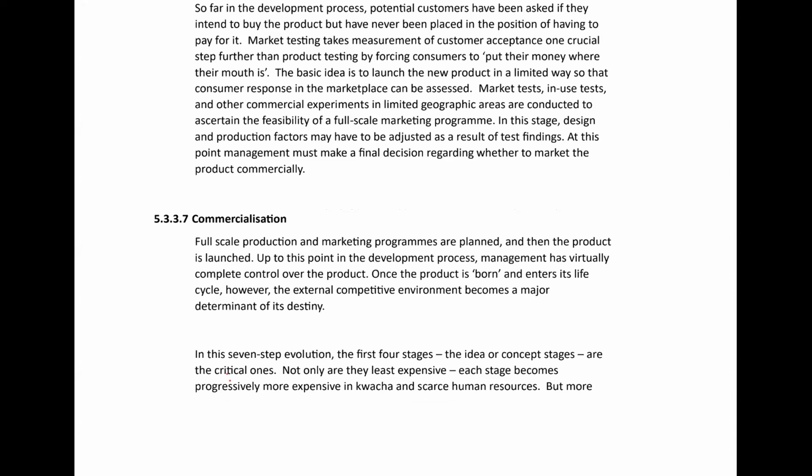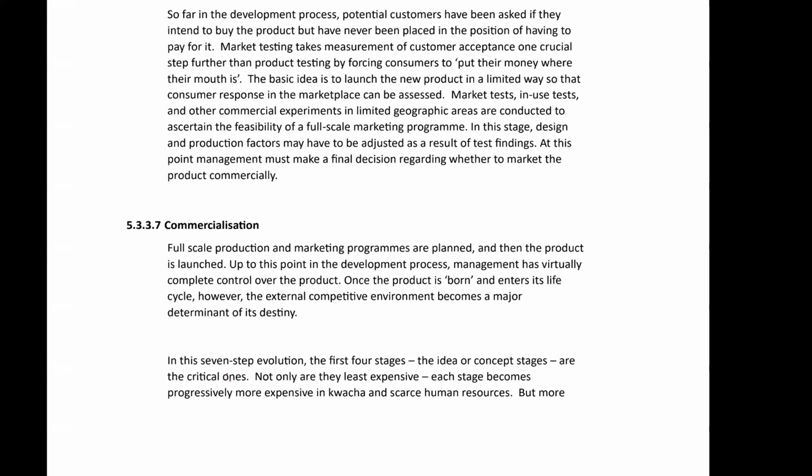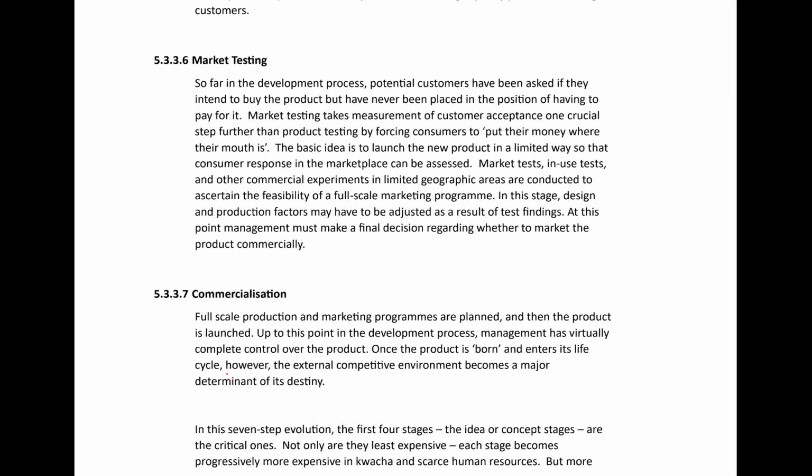So in this seven-step evolution, the first four stages, that's the ideas, the concept stage, are critical. Not only are they least expensive, but each stage becomes progressively more expensive in capital and scarce human resources as we go on. This is what you're going to realize.